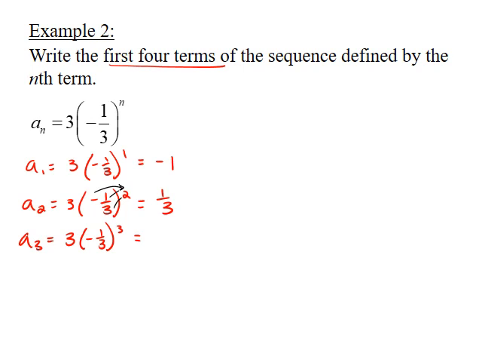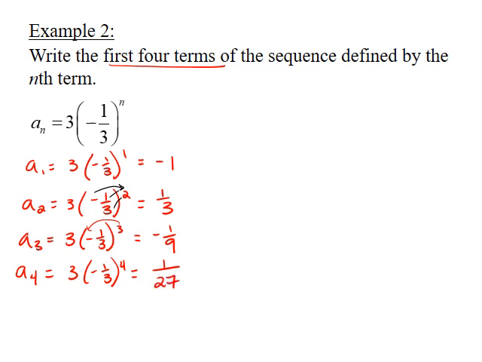So this odd exponent makes this remain negative. So this will be a negative 1/27 times 3 gives us a negative 1/9. And then finally, when we plug in 4, we'll get a positive 1/27.